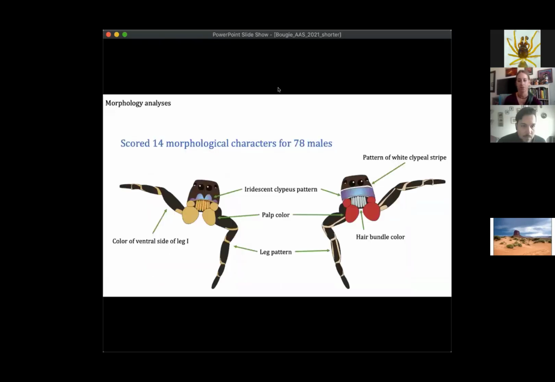So we brought them back to the lab and we scored 14 morphological characters for all of the males, right? The females don't have the colorful ornamentation or anything like that. This is just an example of some of the traits that we scored, things like color, striation patterns, what the pattern of the iridescent clypeus looked like, and so forth.